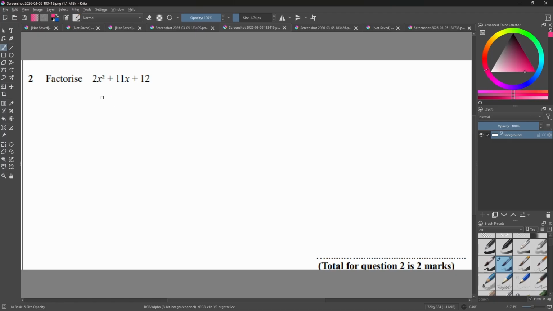So the way we're going to do this one is, again, by doing the AC method. So we get 24. We want to know what makes 24 that also makes 11 when added together. So 24, we've got 1 and 24, 2 and 12, 3 and 8, and 4 and 6.